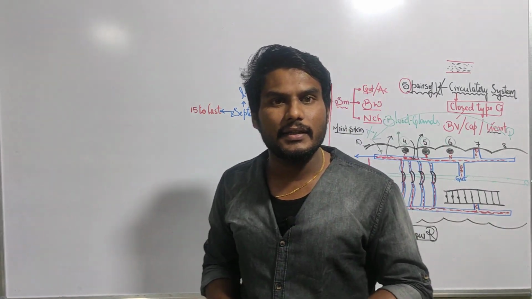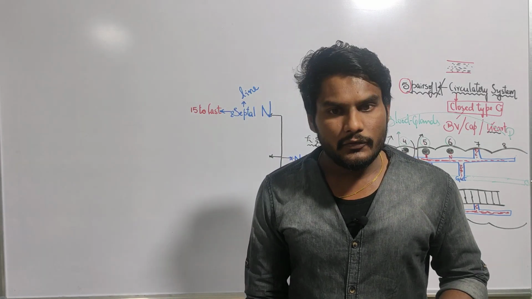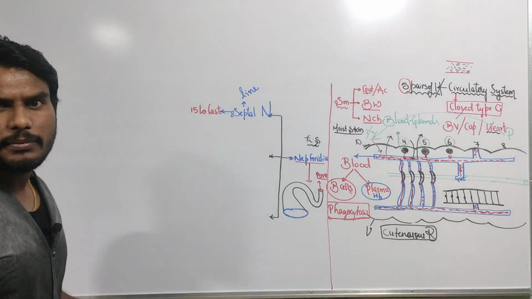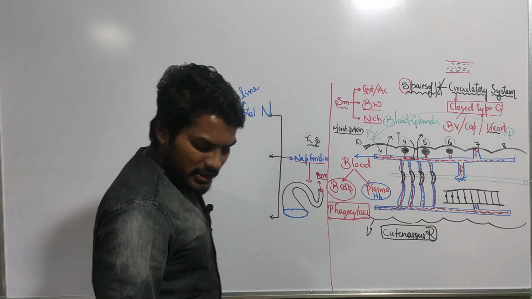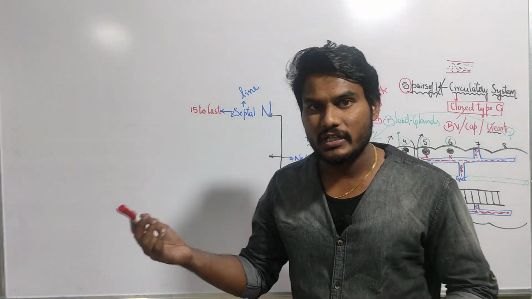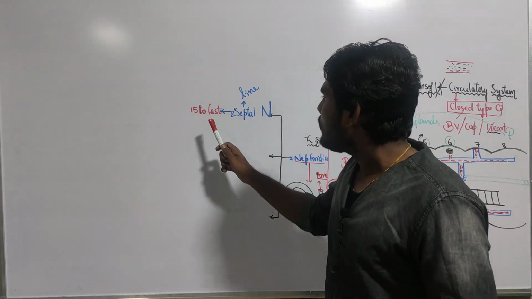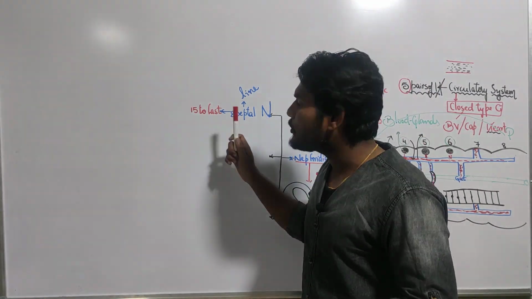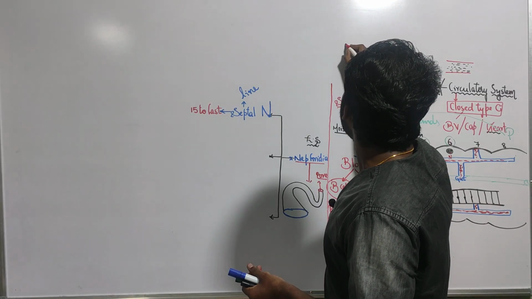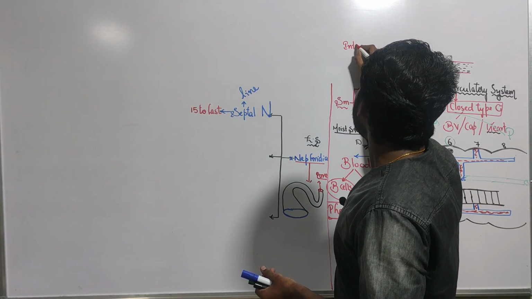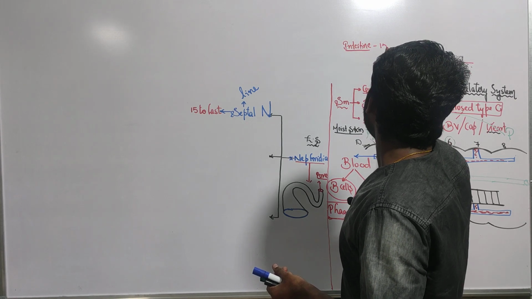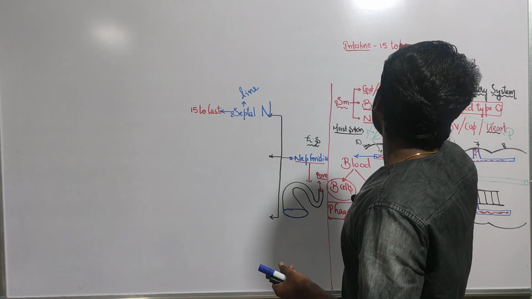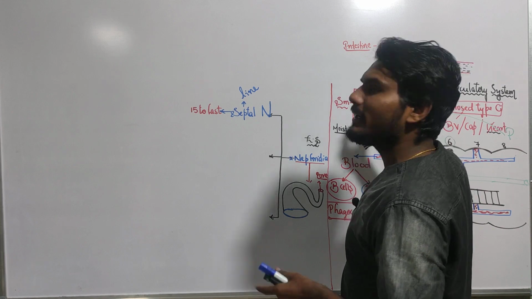If you recollect the digestion concept, the alimentary canal that I posted in the previous lecture, from the 15th to the last segment you will see the intestine. Intestine starts from the 15th segment and continues up to the last segment.